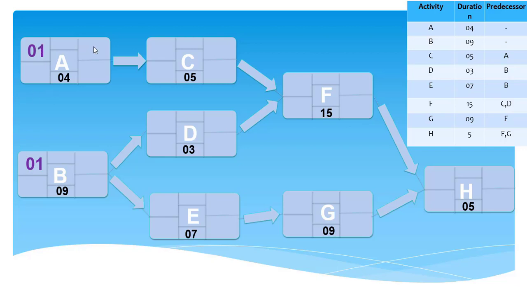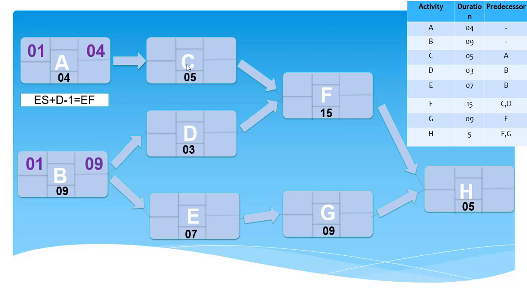Okay, now what will be the early finish of activity A? Early finish will be definitely, here the duration is 4 days, so the early finish will be day 4. Okay, or you can use this equation to find out early finish. Early start plus duration minus 1 will just give you the early finish of the activity. Okay, now the early finish of activity B is what, day 9.